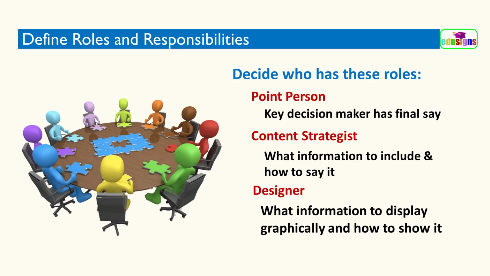Designer. The designer determines what information to communicate graphically and how to best show it. You may also need a developer role if you are designing a website with complex interactivity, a back-end database, or e-commerce application.